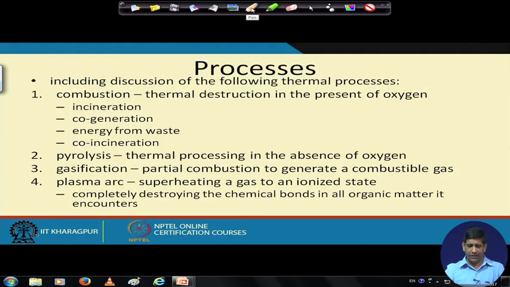So essentially, what is happening here is in the presence of oxygen, so it's an oxidation process. Combustion is an oxidation process, and what will burn is the volatile solids. The volatile solids is what is going to react, and we'll talk about that with the pie chart again. How do we identify volatile solids?